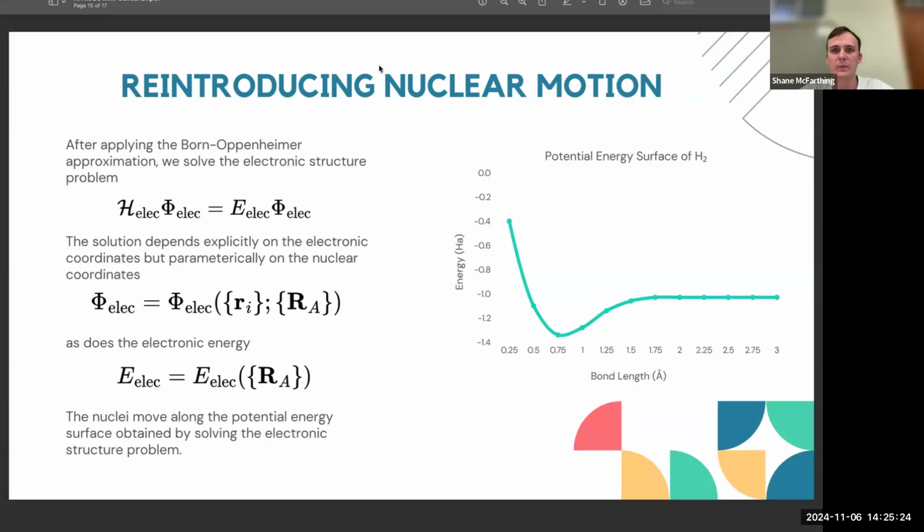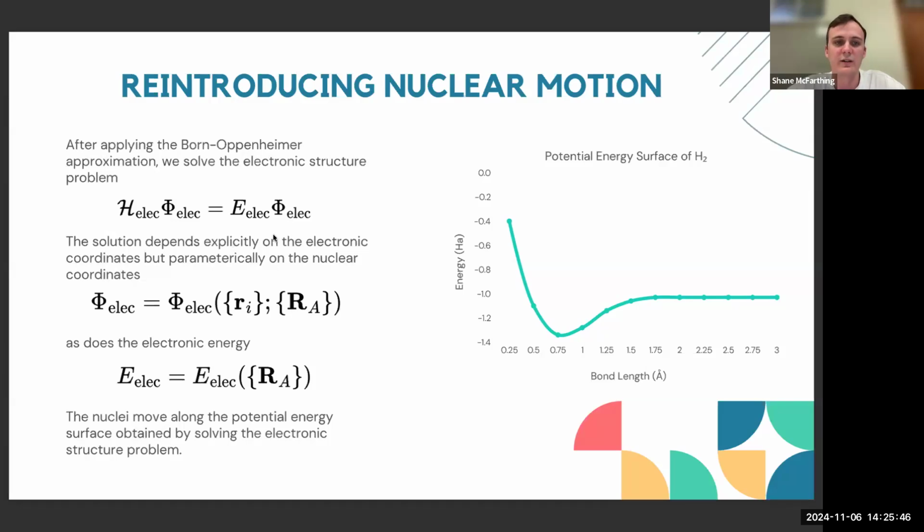So now that we've taken a look at how we can reduce the complexity of solving the Schrödinger equation by fixing the nuclei, we can reformulate the Schrödinger equation to get the electronic Schrödinger equation. And this is exactly what we call the electronic structure problem.